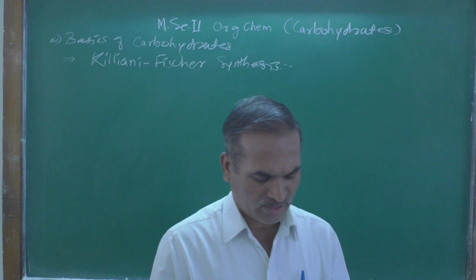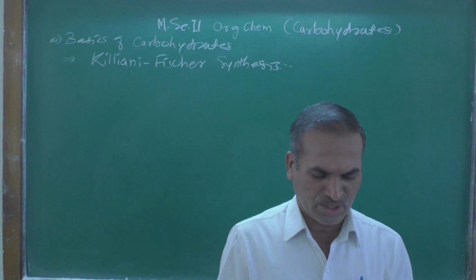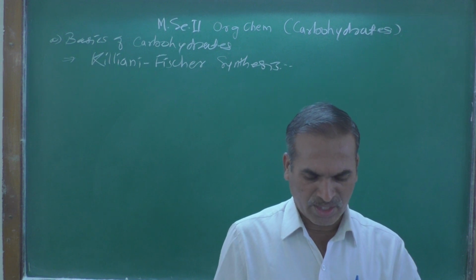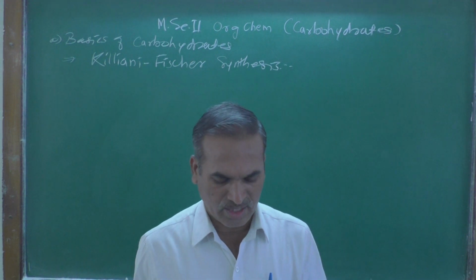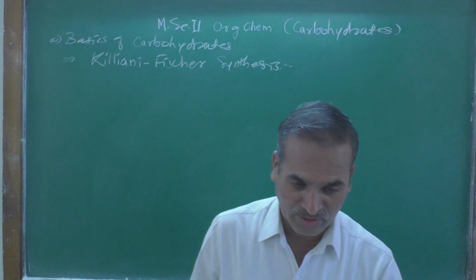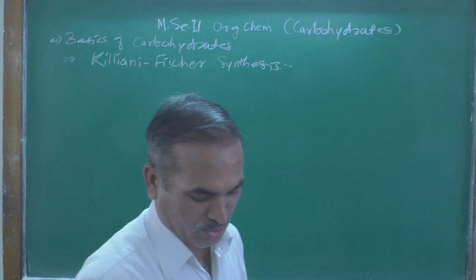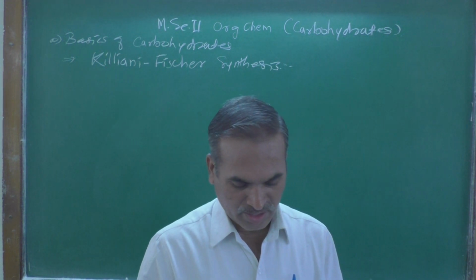So those are the things we saw yesterday: L-erythrose and L-threose, D-erythrose and D-threose. From erythrose and threose we are going to get the remaining part.